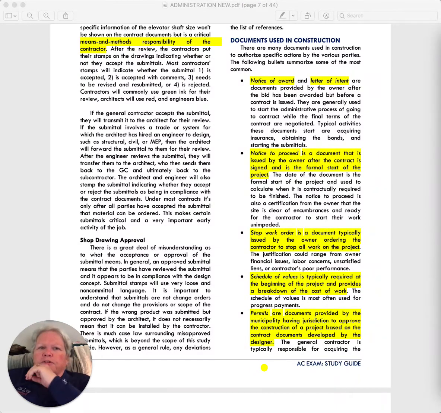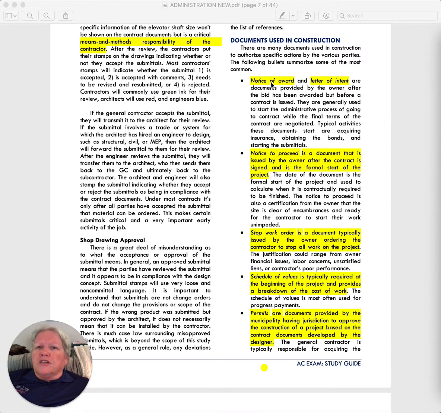For those of you wondering, this particular document is what starts the clock ticking on your schedule and on the contractual requirement for delivery of the project. So that is a very important document, the notice to proceed.